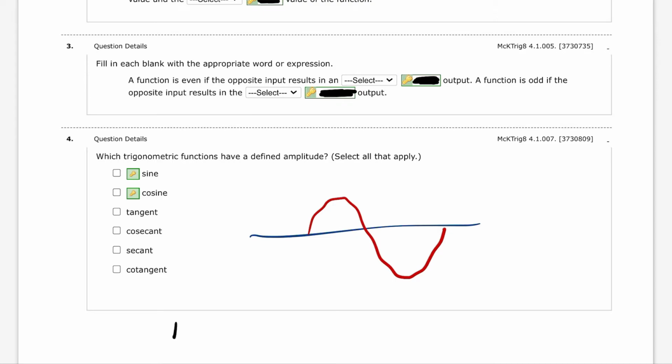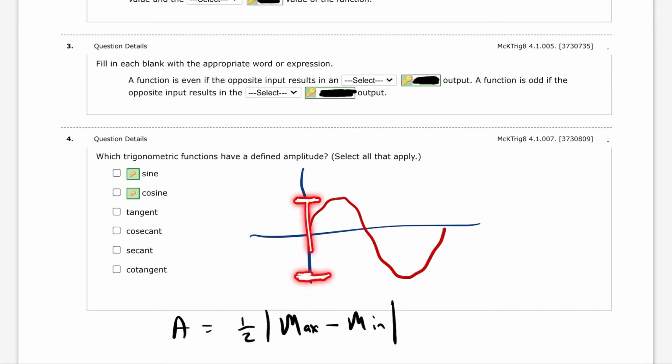So here's a formula. Amplitude is going to be 1/2 the absolute value of the max minus the min. So this would be the maximum height, the minimum height. If you subtract that and divide by 2, that gives you the amplitude. So it turns out that just sine and cosine have a well-defined amplitude.